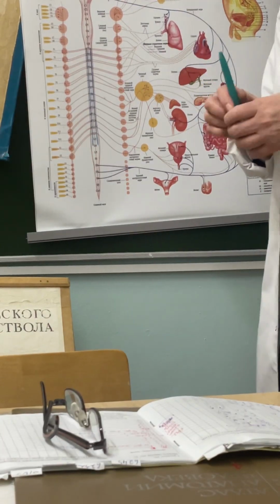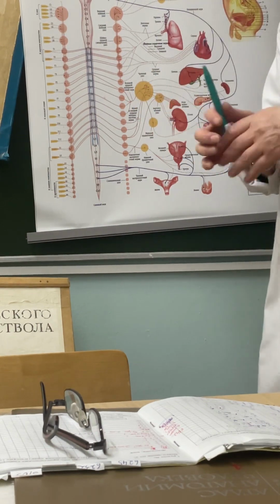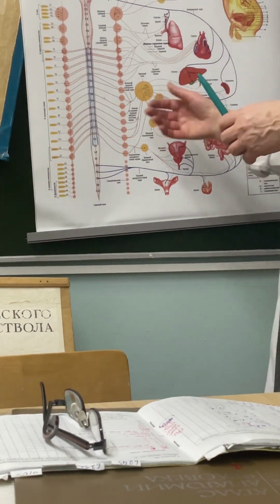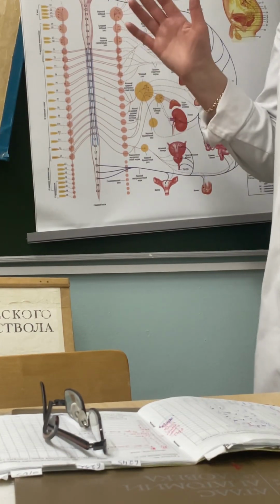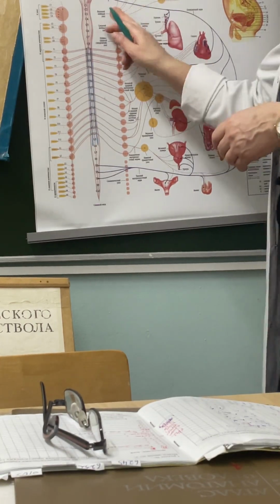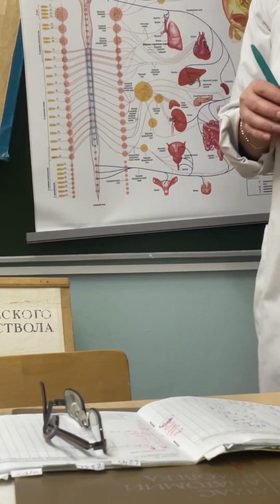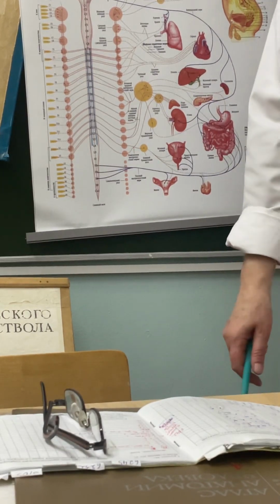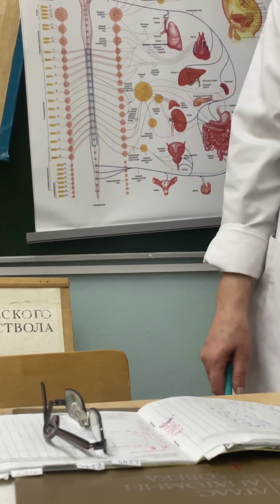Now, what branches can we find among the branches of the sympathetic trunk? There can be perivascular plexuses to the big vessels, for example. I will say now the most important. From the cervical ganglia we have plexuses which surround the internal and external carotid arteries, called internal and external carotid plexuses.